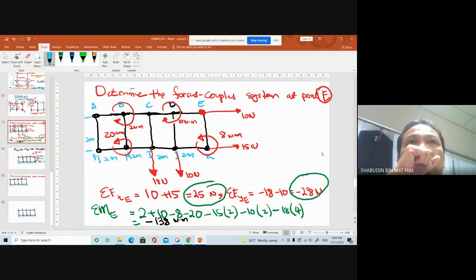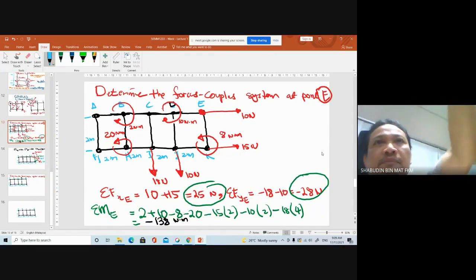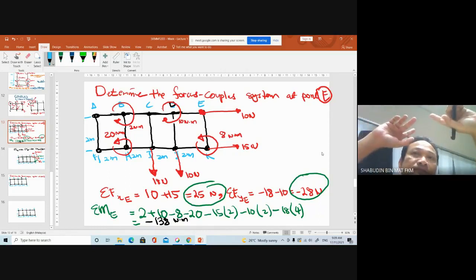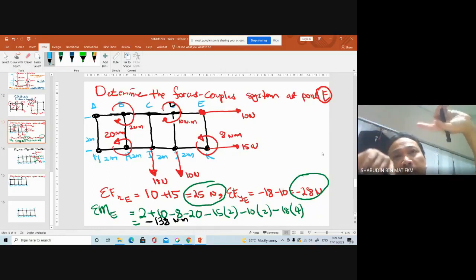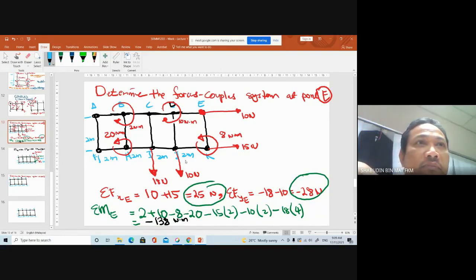Point E, then at point A, everything. You want to transfer all those moments and forces to point E, which gives one single force and one single moment at point E. So this is the force and moment at point E.